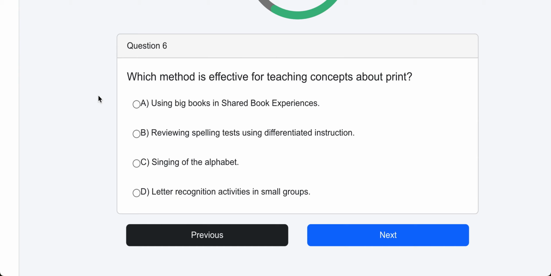A big book is a physically large book, which really captivates reading for students, and it effectively teaches various concepts about print, including how to open the book, how to handle the book, how to hold the book, as well as how to track the text when you're reading. So we're going to go ahead and select answer option A, using big books in what's called shared book experiences.